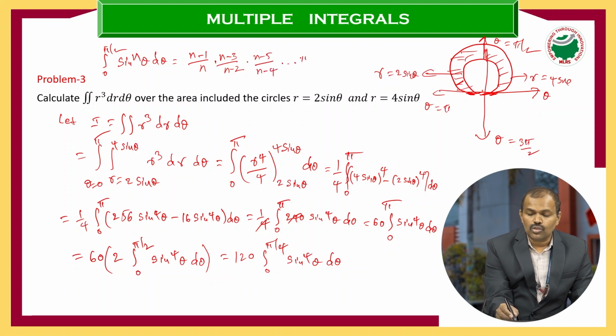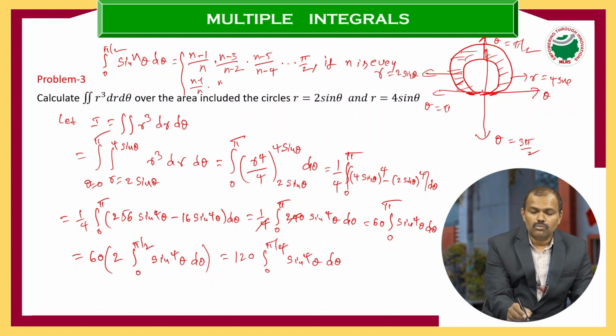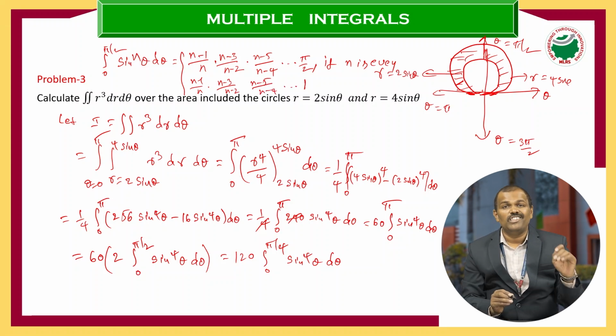If n is even, the last term is pi by 2. If n is odd, all terms are the same, n minus 1 by n, n minus 3 by n minus 2, n minus 5 by n minus 4 and so on, and the last term is 1.